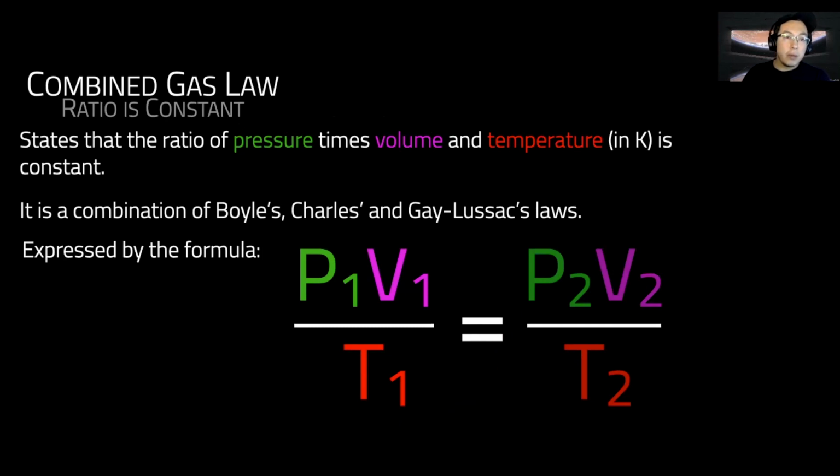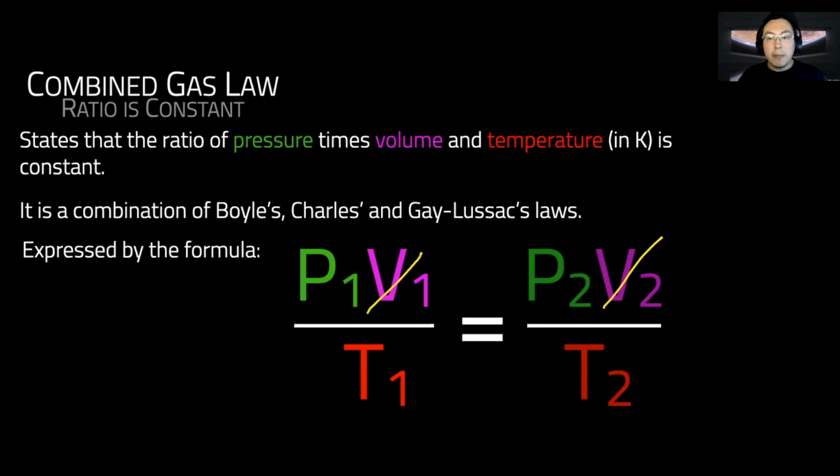So if we agree that the temperature is constant, we can eliminate the temperature and you get Boyle's law, right? If we agree that the one you're removing is the pressure, because it's constant, then the one that you have is Charles' law. And if we agree that the one you're removing because it's constant is the volume, then we have Gay-Lussac's law, right?